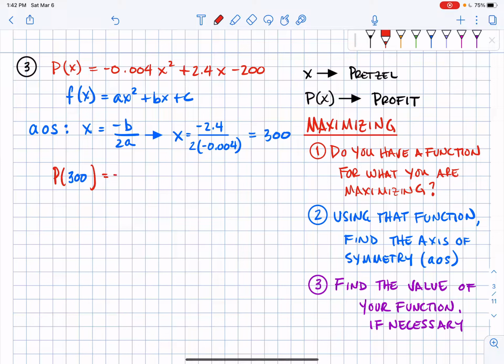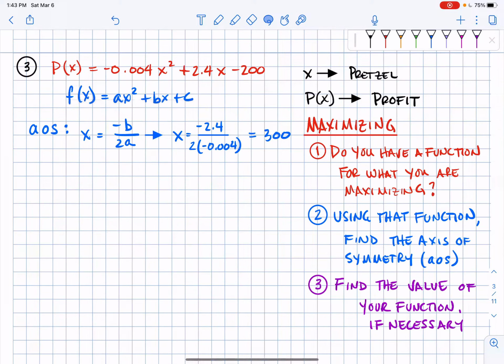And then you'll have to go negative 0.004 times 300 squared plus 2.4 times 300 minus 200. So you'll have to do this problem if it was asking you what the profit is, but it's asking you for the number of pretzels it would take to maximize the profit. So therefore, I don't really need this at all, which is awesome.